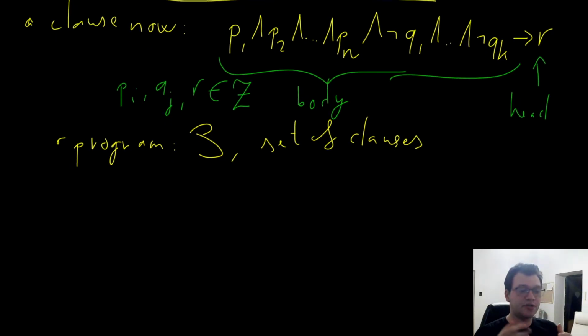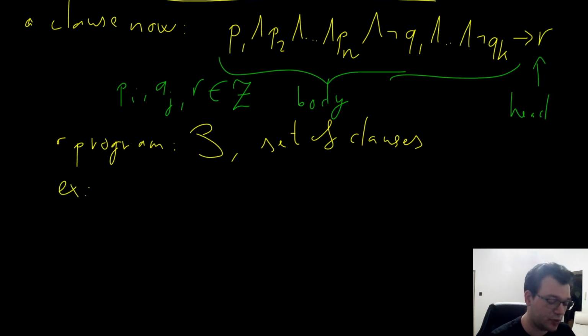Actually giving the semantics of generalized logic programs will be much harder than the canonical semantics of logic programs without negation. So I will go through some examples.